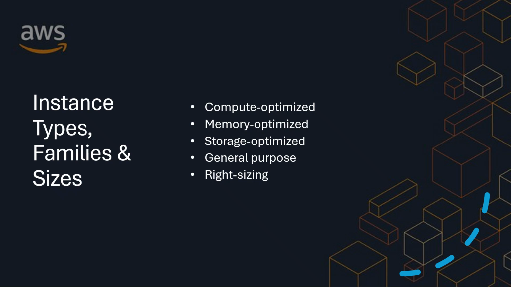Storage-optimized and accelerated computing families are designed for specialized workloads. One of the most common cost issues is oversized instances. Many workloads run comfortably on smaller instances when properly right-sized. Using AWS Compute Optimizer helps identify right-sizing opportunities automatically.